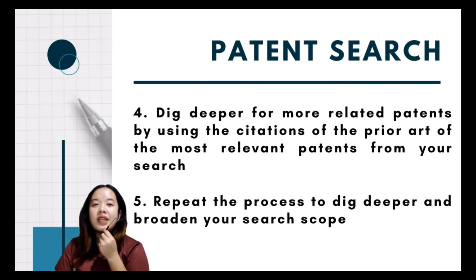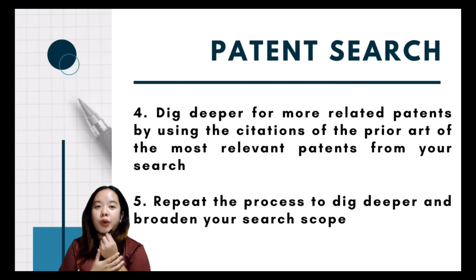Step 4. Dig deeper for more related patents by using the citations and prior art of the most relevant patents from your search. Once you have found the most similar patent applications and issued patents, you can then expand your search scope by looking into their forward and backward citations. Looking through the citations and the prior art layer by layer can help you get the most comprehensive results.